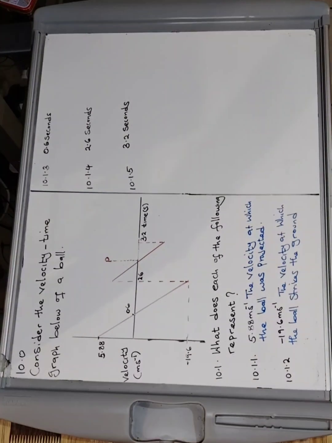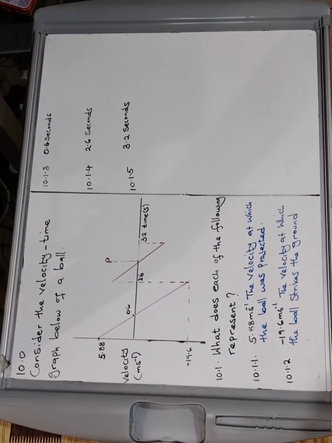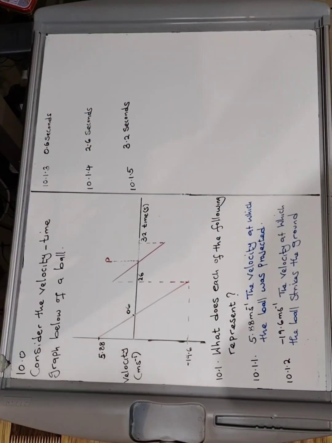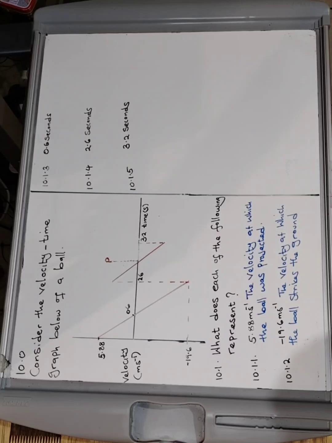Then we come to the time of 0.6 seconds. What does it represent? It represents the time taken for the ball to reach maximum height from the point of projection.